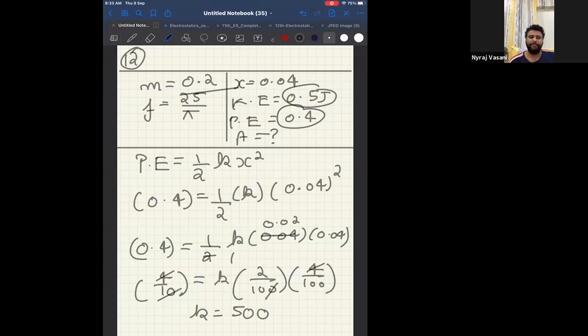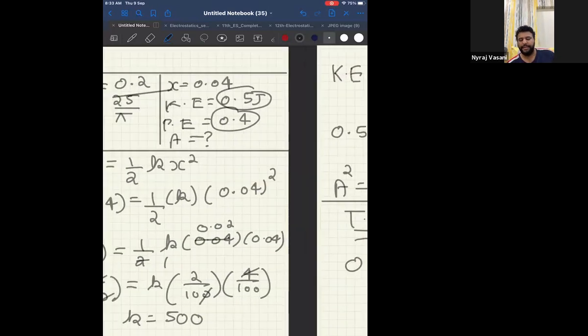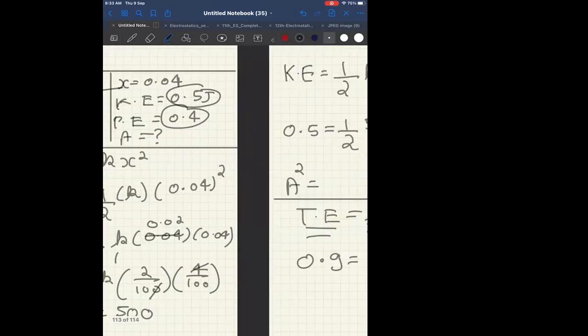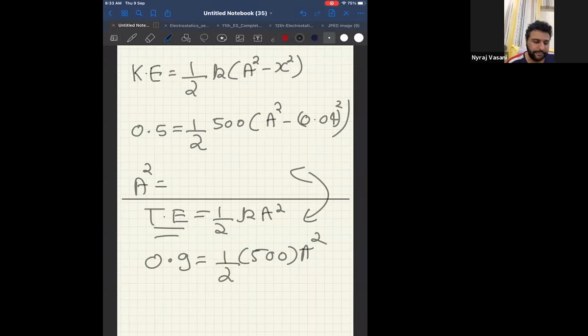A is 3 by 50, Subra. Is A 3 by 50? Yes, sir, I think 3 by 50. 0.06. Yes, sir. 0.06. Lavnish, correct. Your method also is correct.